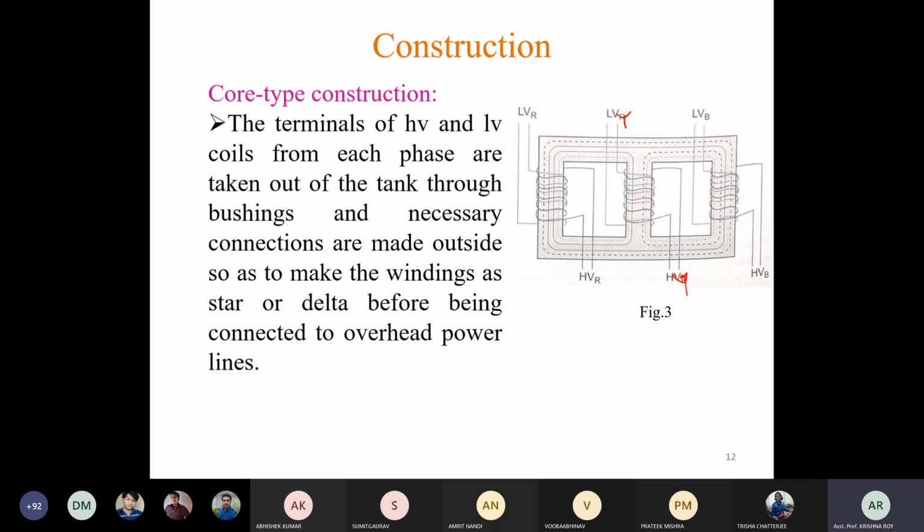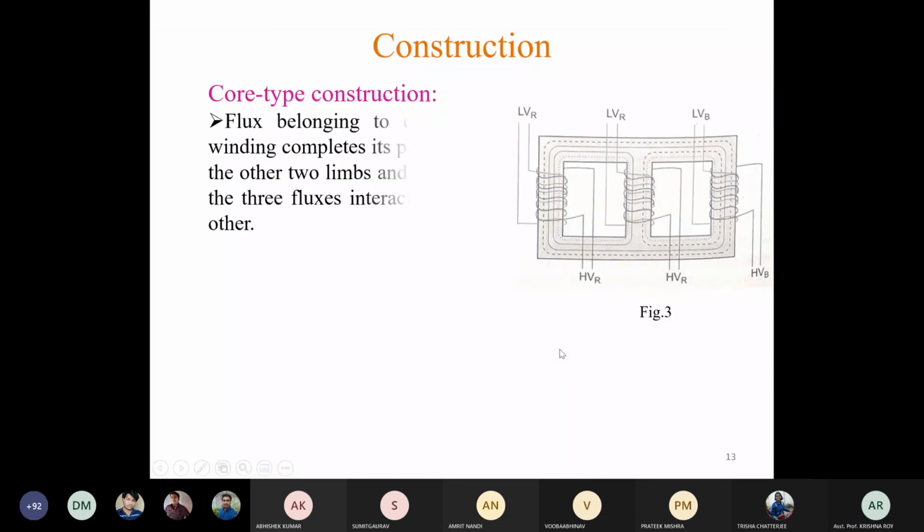Okay, so all the 6 terminals, or in case of zigzag connection, all the terminals are taken out from the tank and then the proper connections are made outside the tank. Okay, Now see the flux distribution.